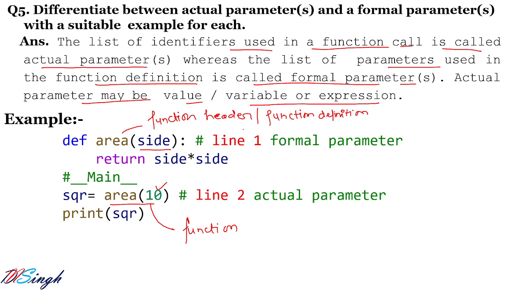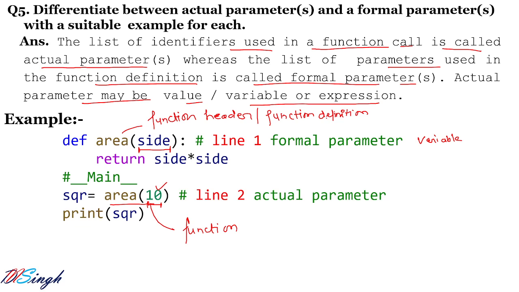I hope it is clear. If it is in the function definition, you call it a formal parameter. If it is in the function call, you call it an actual parameter. We are talking about the value inside these parentheses. A formal parameter will always be a variable, but an actual parameter may be a value, a variable or an expression, anything.